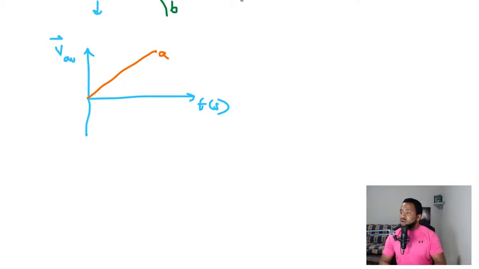And so in our acceleration time graph, with a with respect to time, take note that our acceleration is also in the east direction.